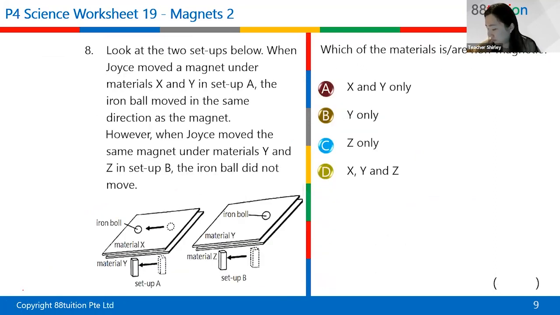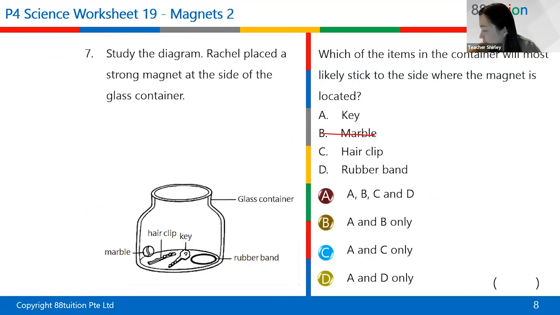Rubber band is definitely out, because rubber band is of course made of rubber, and rubber is not a magnetic material, right? I think the question is a little bit unclear. I would have made it clearer by putting an iron and a steel. Generally these are the metals, and if you do process of elimination, those that have V and D are definitely out.